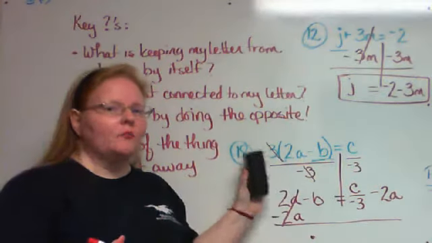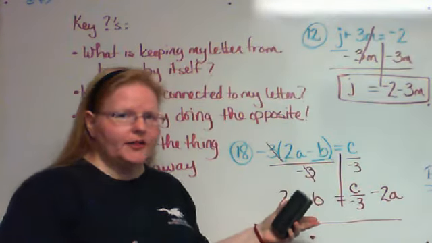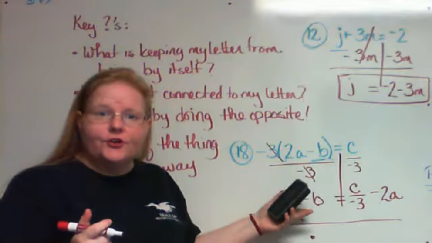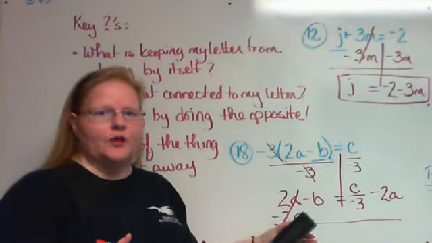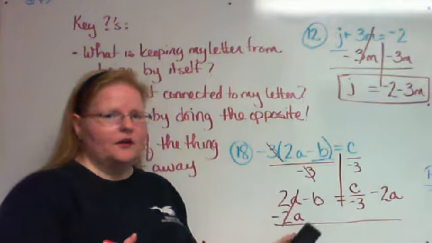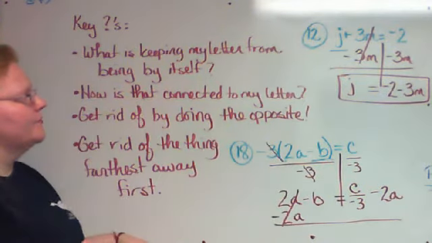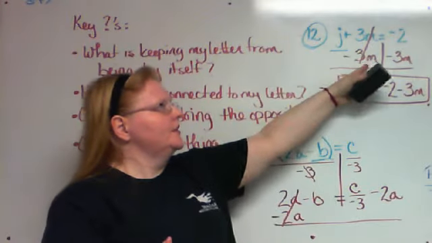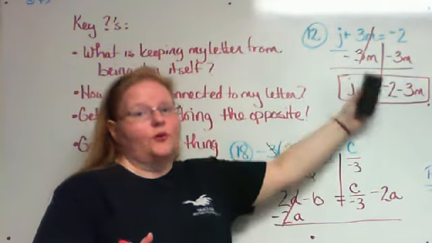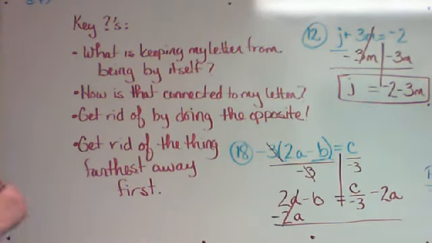I don't worry about multiplying stuff out. Don't worry about making it more complicated than it already is. You could, but there's no need to. So instead of fretting over that, I go ahead and get rid of the thing that's furthest away first. Over here, I got rid of the thing that was furthest away first. It was the only thing there, but you know, furthest away. Deal with the stuff that's furthest away first. You get rid of things by doing the opposite.